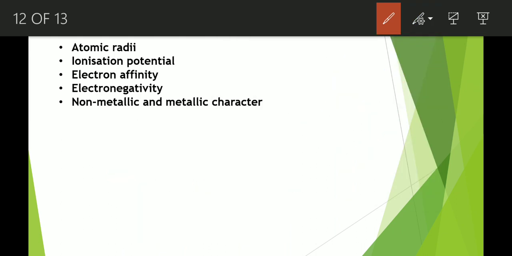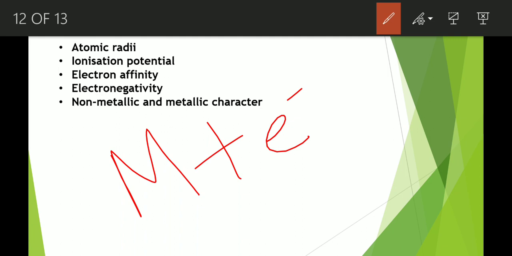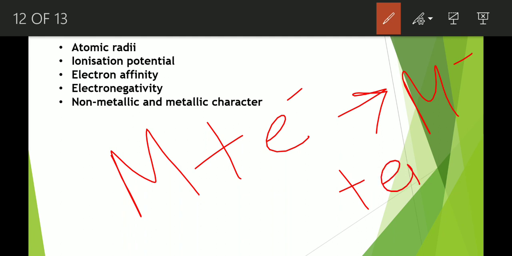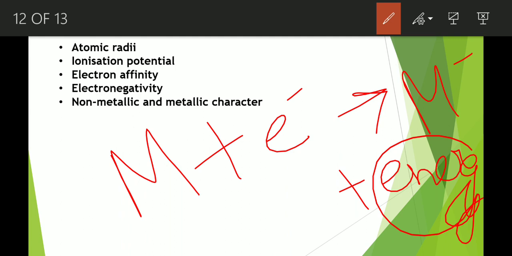Next is electron affinity. Now, if this M atom is accepting one electron, when an electron gets added to that atom, then it will become uninegative. Then also some energy will be released in this reaction.